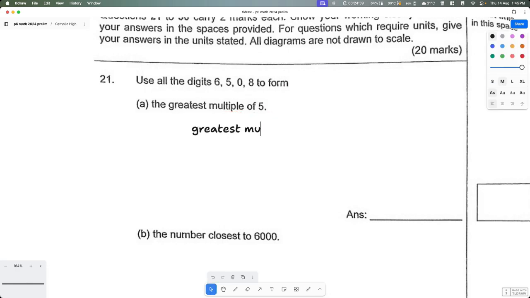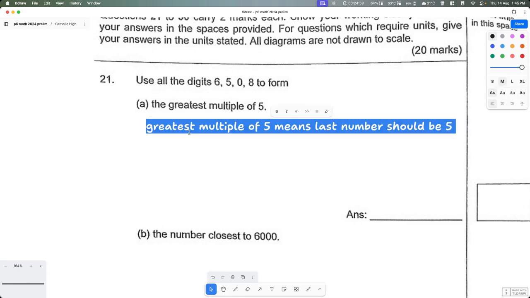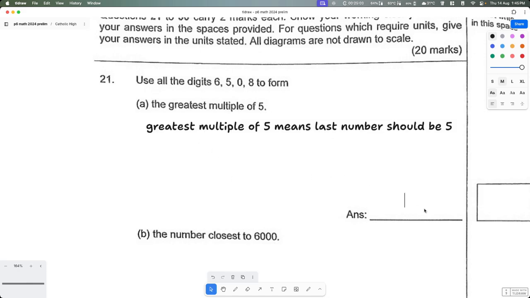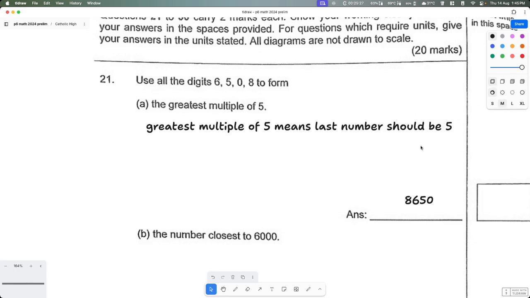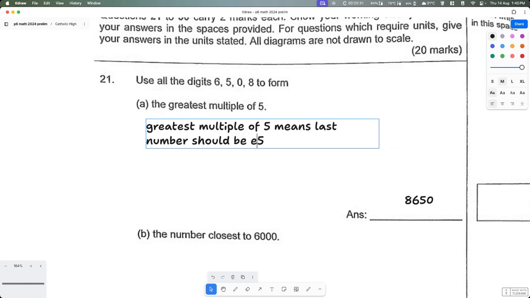Greatest multiple of 5 means the last number should be 5 or 0. So we start with 8, then 6, and then the last number should be either 5 or 0.